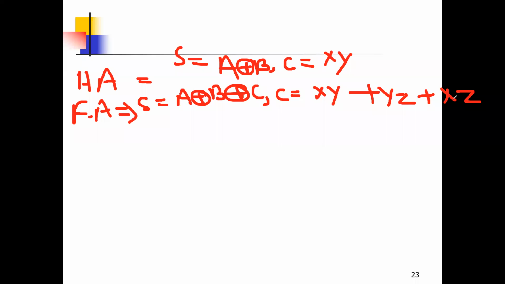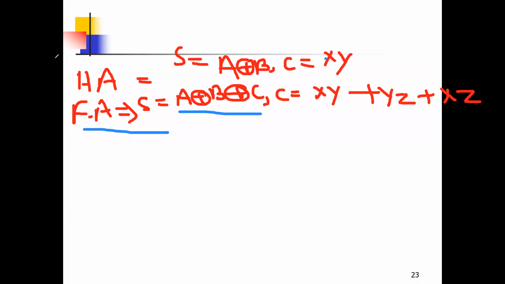Understand? So now, if I have 2 inputs, the sum is A XOR B. If I choose 3 inputs, then the sum is A XOR B XOR C. If I have 4 inputs, what will be the sum then? Very good. If I have 5 inputs, A XOR B XOR C XOR D XOR like this.